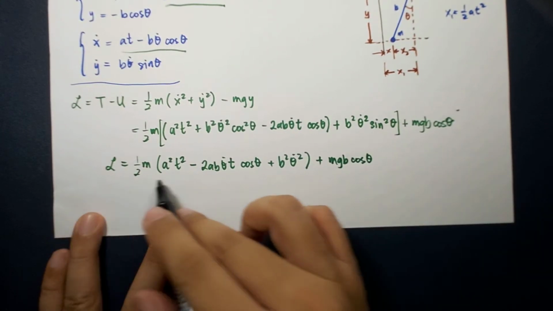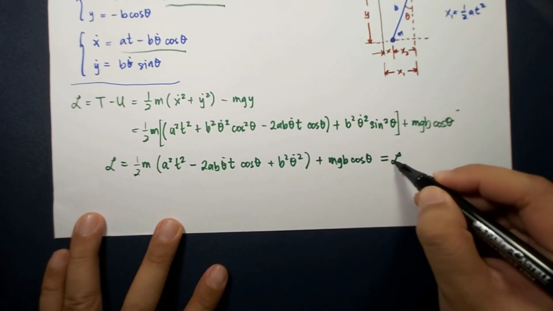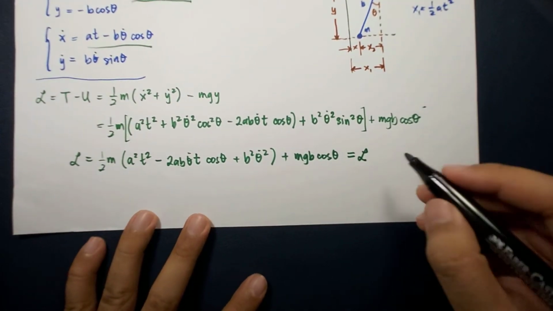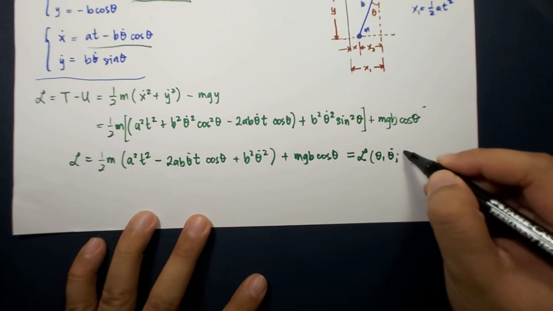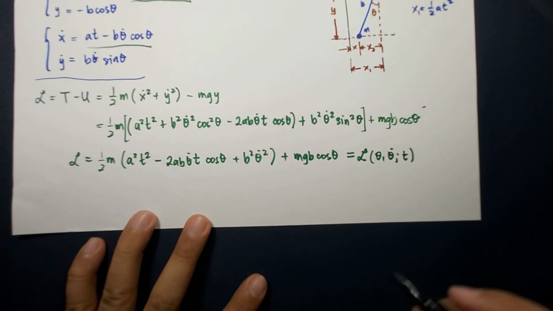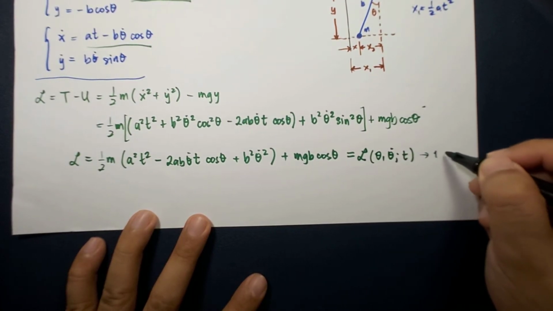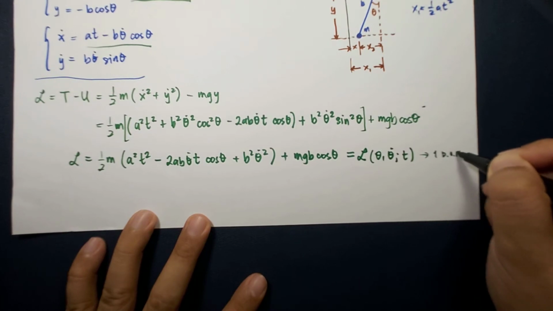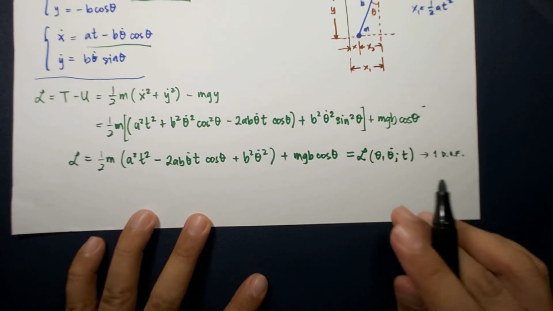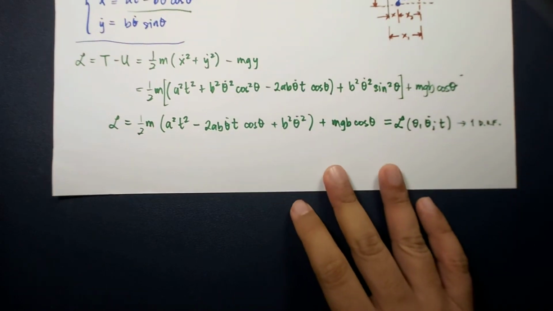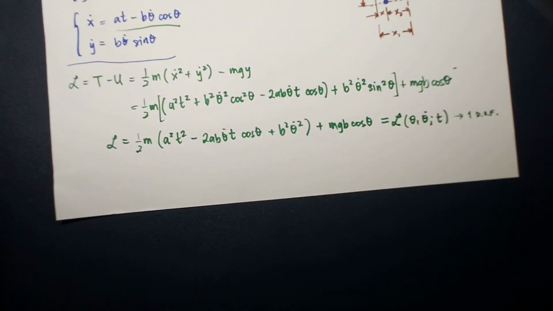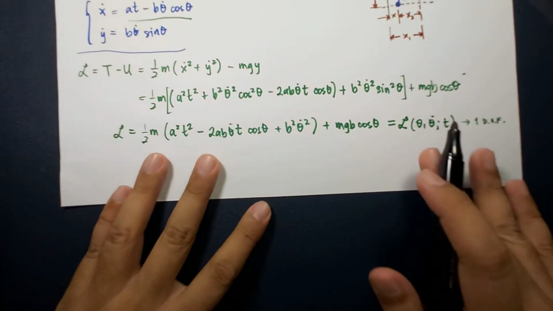This is now your Lagrangian, and we can see that it is only a function of theta and theta dot, and both are functions of time. So this tells us that we only have 1 degree of freedom, which translates to 1 equation of motion along the theta direction.